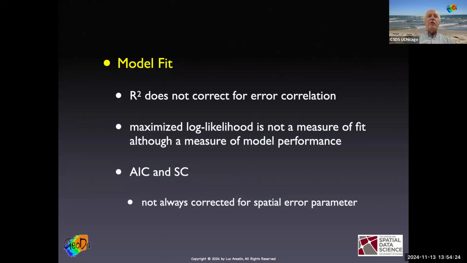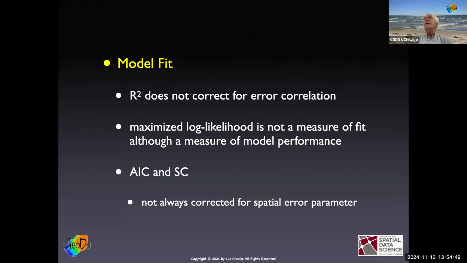And fit, just as before, R square is no good. We can do a pseudo R square, which is simply a squared correlation between observed and predicted. And we can do measures based on the log likelihood. As I mentioned the other day, as such, the log likelihood is not a measure of fit, but it's used as kind of a proxy for a measure of fit.